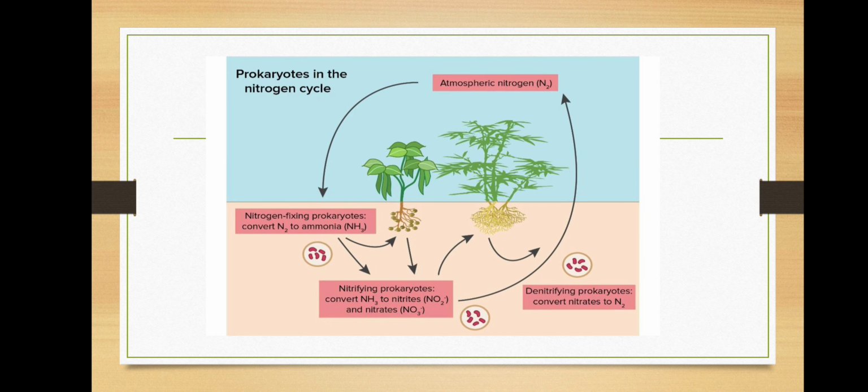Next, how does nitrogen fixing happen in the soil? Nitrogen fixing prokaryotes convert nitrogen to ammonia. Ammonia is then converted to nitrites and nitrates by Nitrosomonas and Nitrobacter, the two bacteria, nitrogen into nitrite and nitrate.